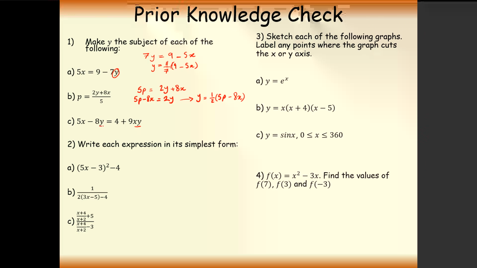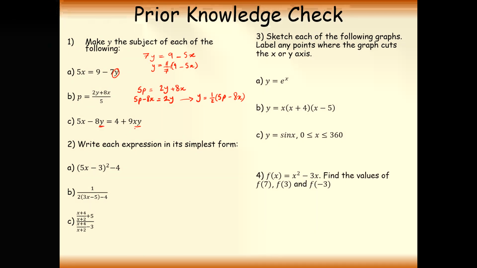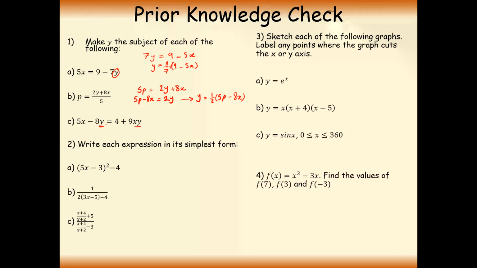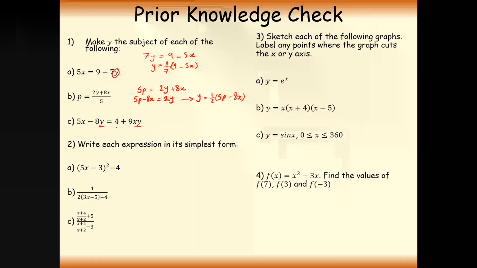We have y on the left and y on the right. You have to be careful in this kind of situation. We collect expressions or terms that have y's in them on one side of the equation. I would prefer to bring the negative 8y to the right. So that means I'm going to subtract 4 from both sides.